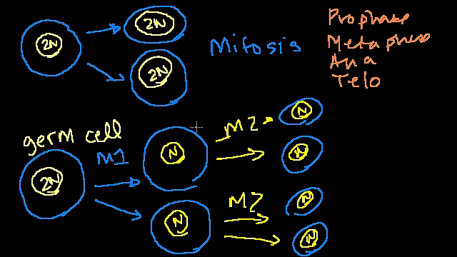In meiosis, you experience these in each stage. So you have prophase 1, followed by metaphase 1, followed by anaphase 1, followed by telophase 1. Then, after you've done meiosis 1, it all happens again. You have prophase 2, followed by metaphase 2, followed by anaphase 2, followed by telophase 2.